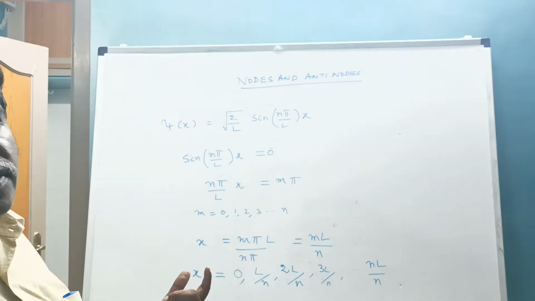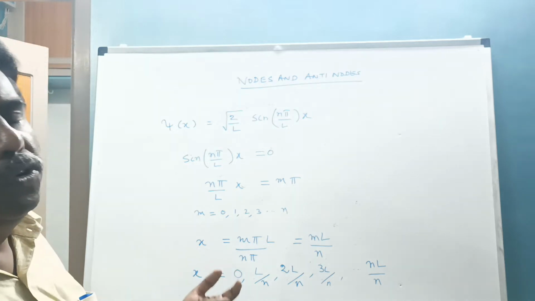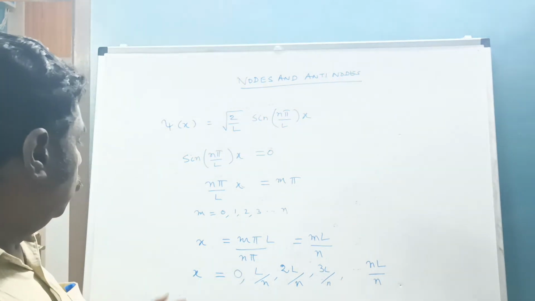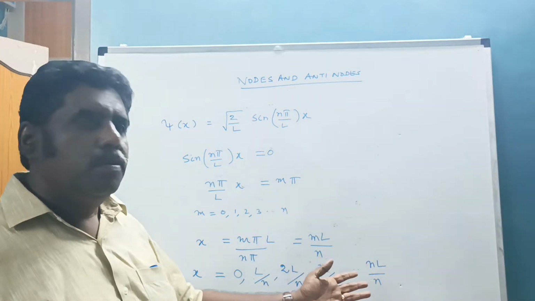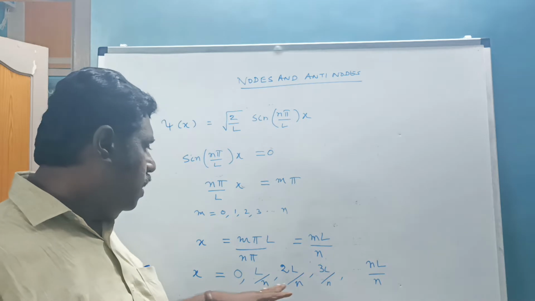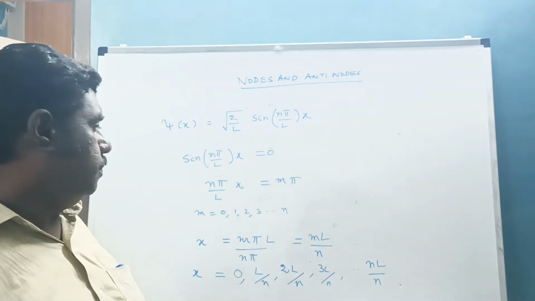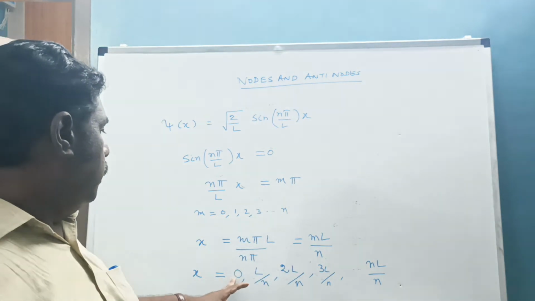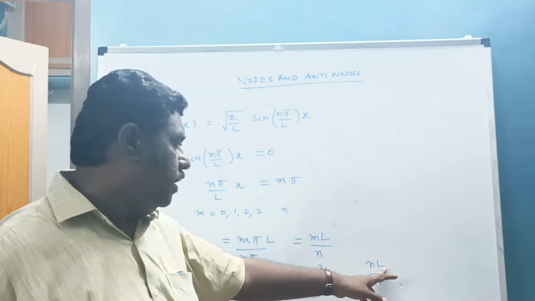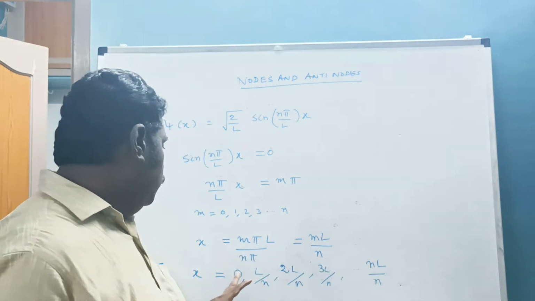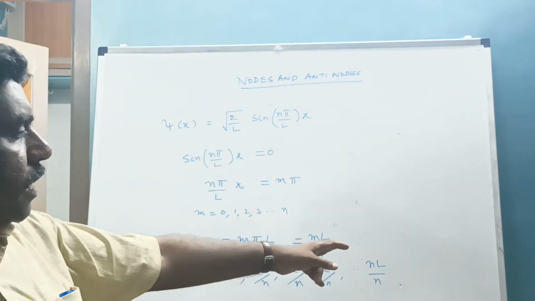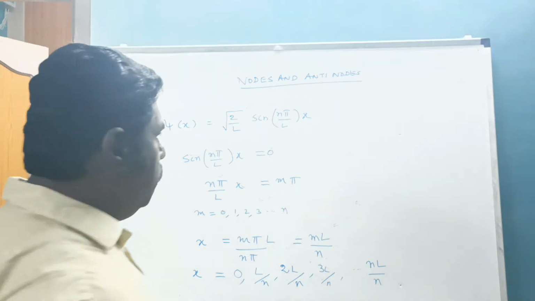n equal to 1 is the ground state, n equal to 2 is the first excited state, n equal to 3 is the second excited state. So, these are all the positions of the nodes for the given nth state. This is 0, and n by n gets cancelled, giving L. 0 is the initial point, L is the end point.